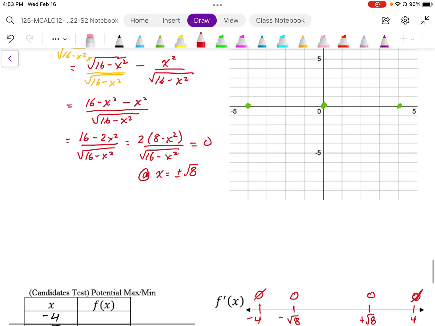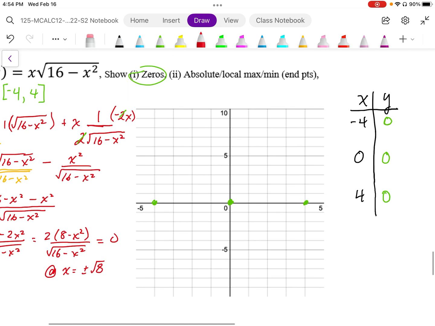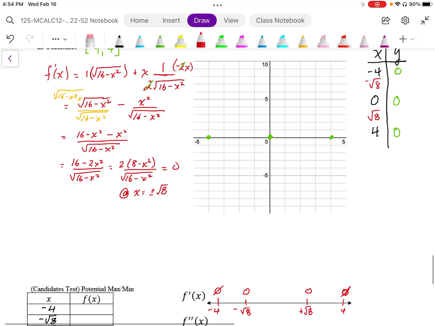So since I have plus and minus root 8 as my 0 derivatives, I should really put those into my chart here. And I'm going to do a derivative test to test the slopes in here. So f prime, I'm going to choose some number between -4 and -√8. So I'm going to use -3.